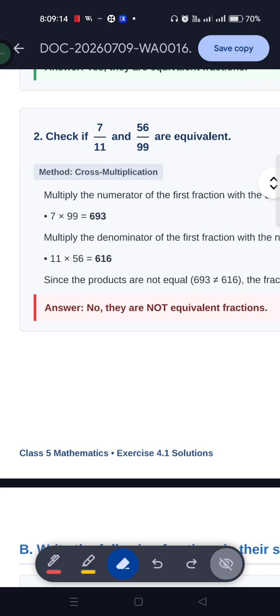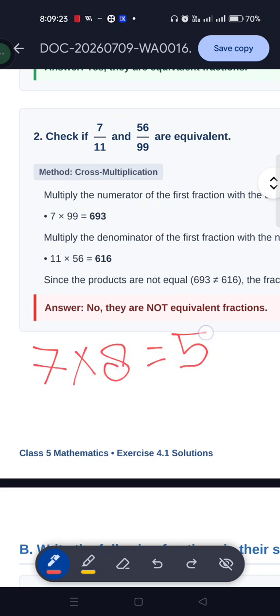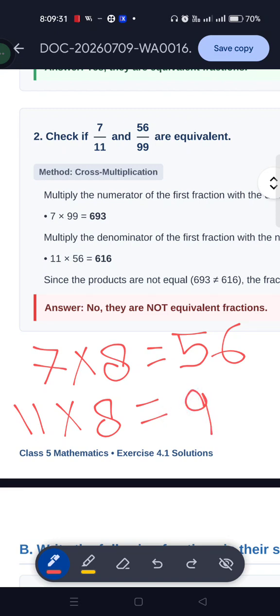So see here, when you multiply 7 by 8, you will get 56. But when you multiply 11 by 8, you will get 88. Yes, I am right, you will get 88, but here the given number is 99. So it means that this is not an equivalent fraction.